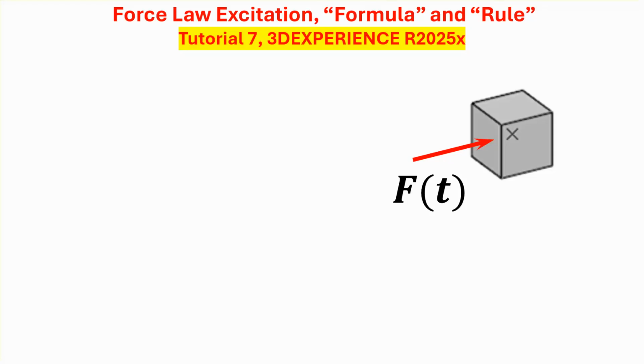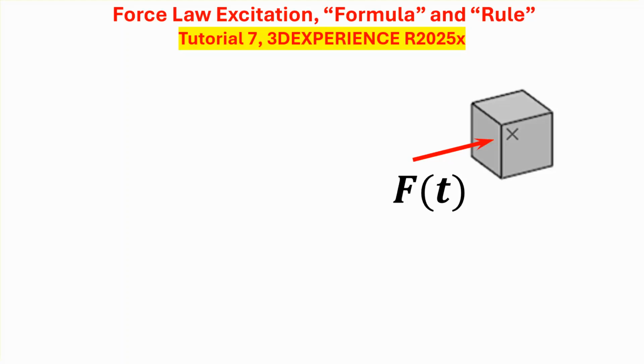Hi folks, this is tutorial number 7 in the playlist, which is dynamics scenario creation in 3D experience. And it's a very simple problem. Actually, it's a block that is subjected to a time-dependent force, for example, at the centroid of it, really doesn't matter.